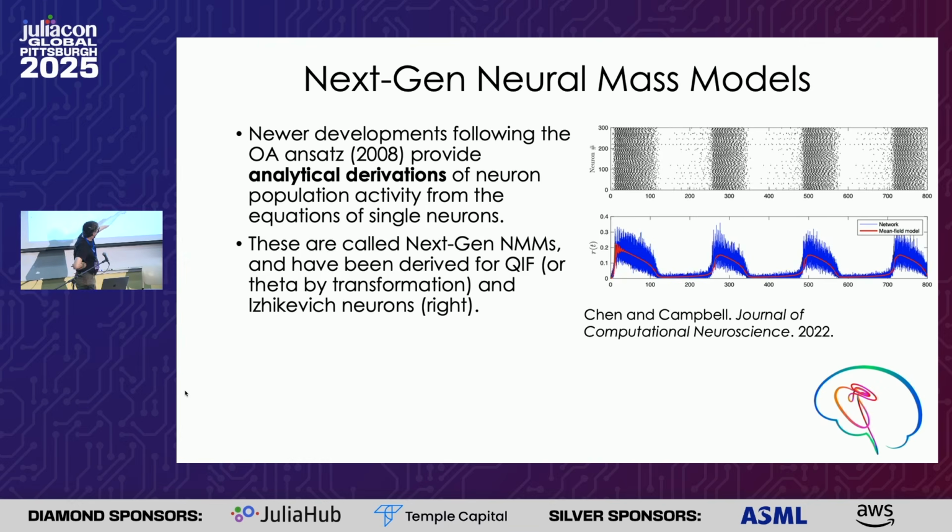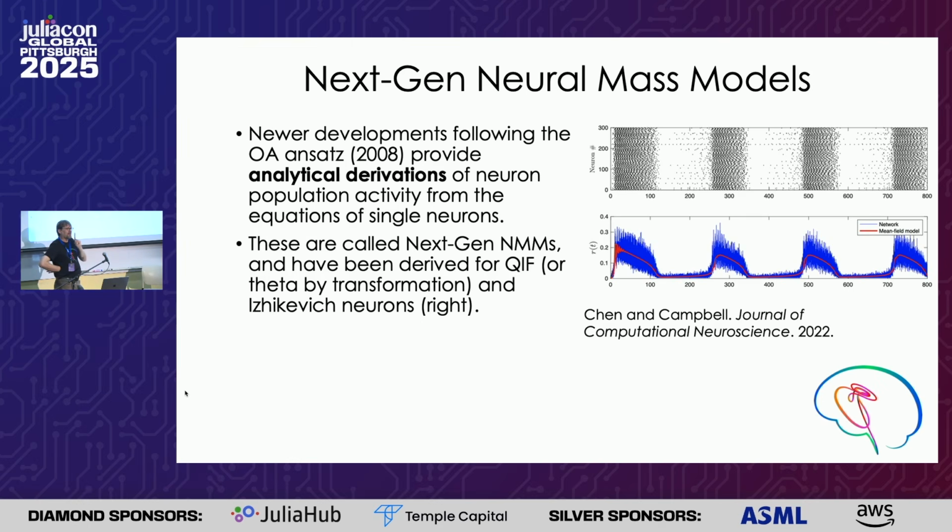So you can see here on the right, the blue is a simulation of, I think, 10,000 Izhikevich neurons at a specific parameter set of the neuron. And the next generation neural mass model describes exactly the average behavior, right?